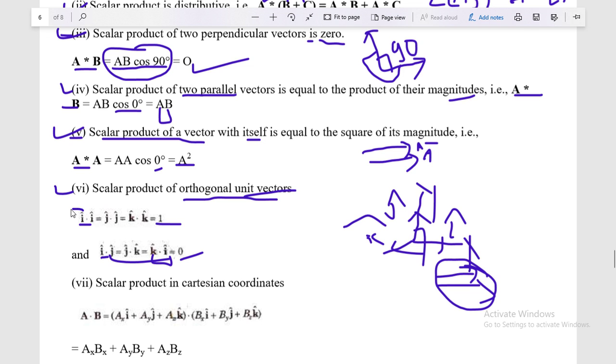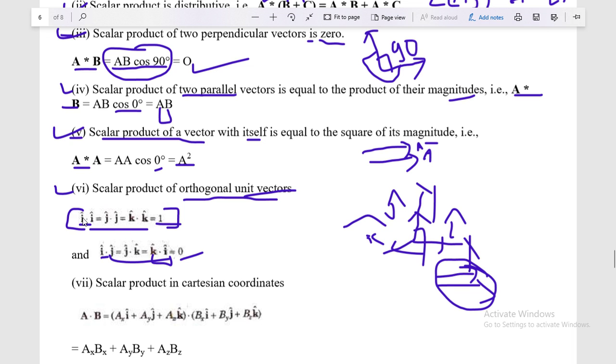So these two identities we will use when we solve numerical problems based on the scalar product. These two identities will help you to solve the questions in short. Okay, so you must remember these things, that is i dot i is equal to j dot j is equal to k dot k is equal to 1.